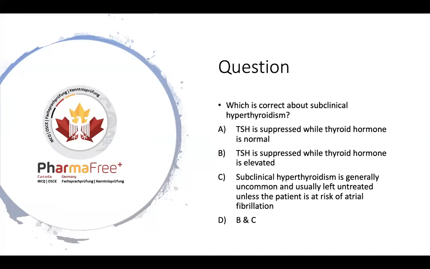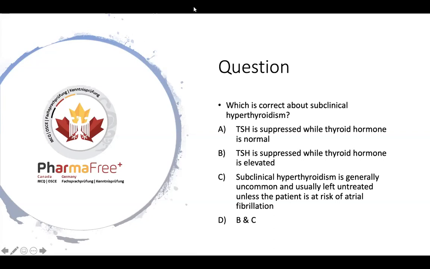What is the definition of subclinical hyperthyroidism? Yeah, Armia. You were defining a few seconds ago the subclinical hypothyroidism, correct? Yes, the TSH value is normal while the thyroid hormone is elevated.